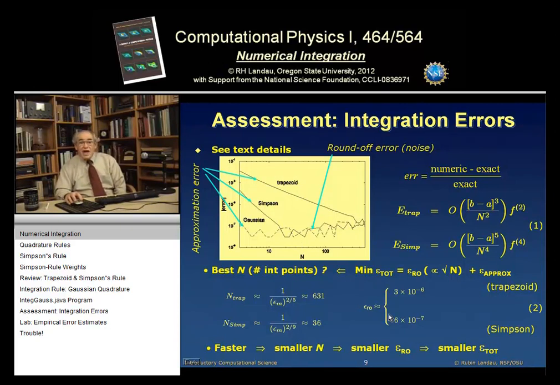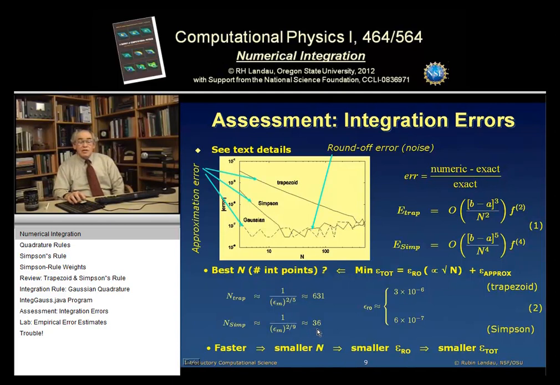And then what error is obtained? This is a single precision calculation just to make things go quickly. The trapezoid rule gets roughly 6 decimal places. The Simpson rule gets 7 decimal places. What's the lesson here? Well, yes, the Simpson rule is more accurate, but not for the reason you'd think. The Simpson rule is more accurate not because it's a better rule in that it's more precise.